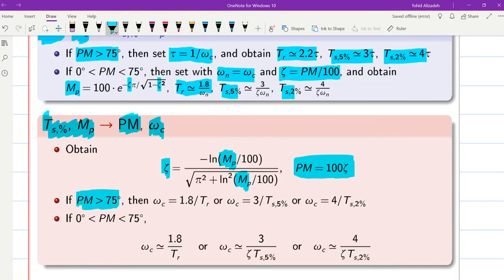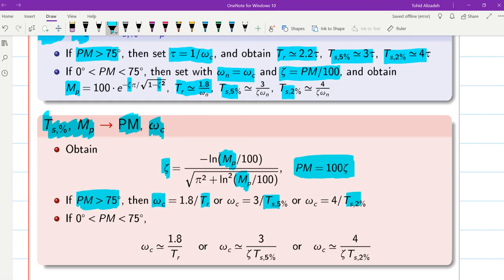Then if the phase margin which is obtained here is bigger than 75 degrees, it means that we will have a first order approximation for the system, and then we can obtain the value for omega c referring to the rise time or referring to the settling time.